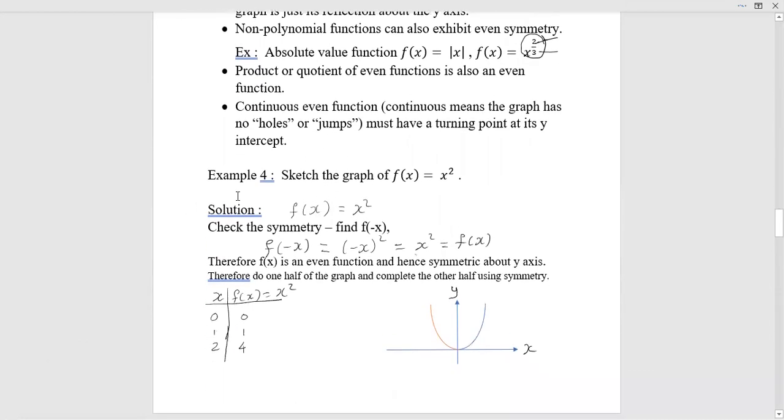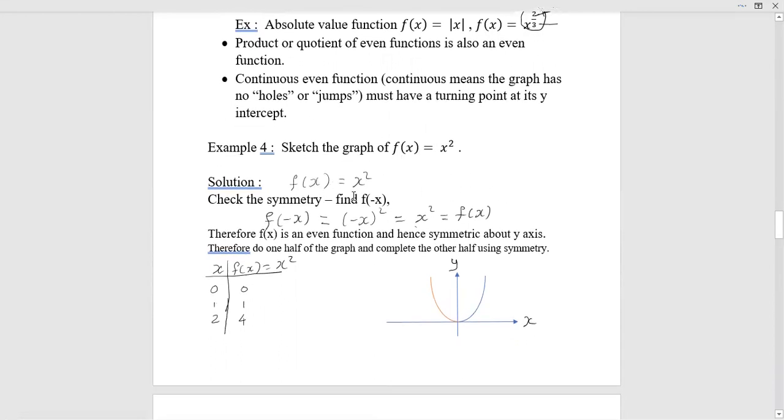Let's do this example: sketch the graph of y = f(x) equals x squared. First, let's check the symmetry. For symmetry, we find f of negative x. How do we find it? Substitute negative x on the right side of the equation.